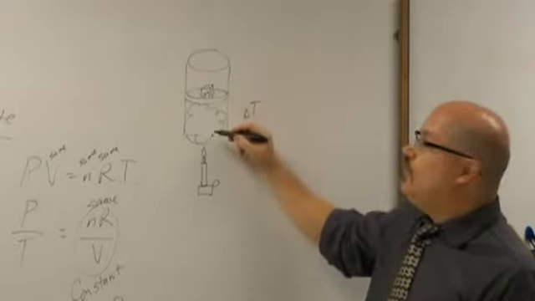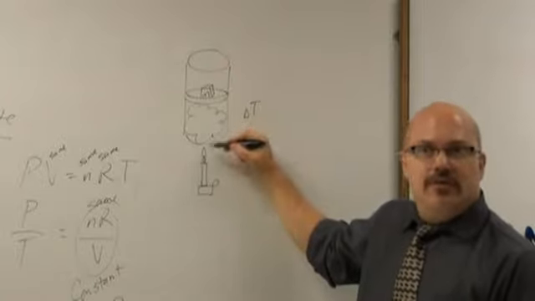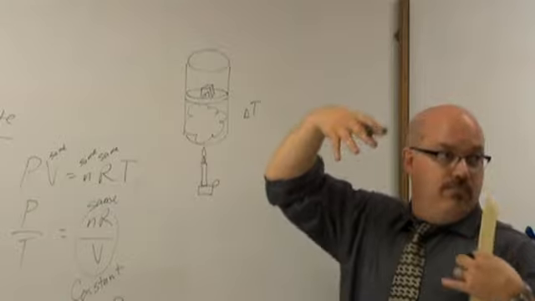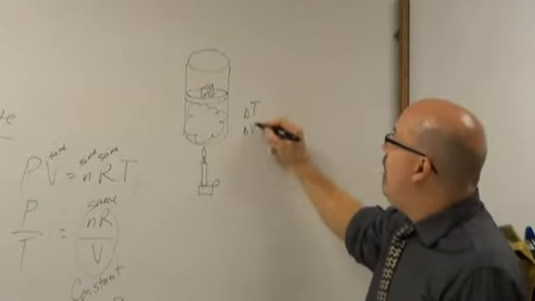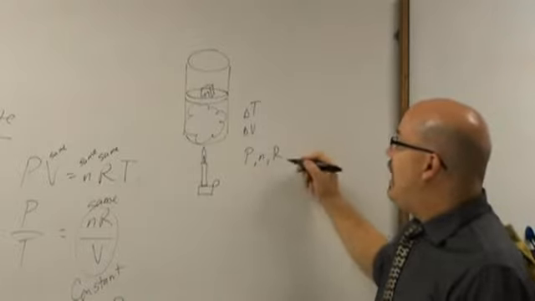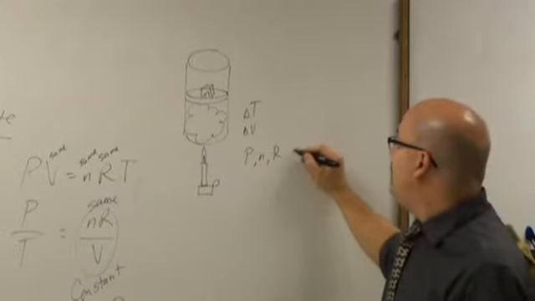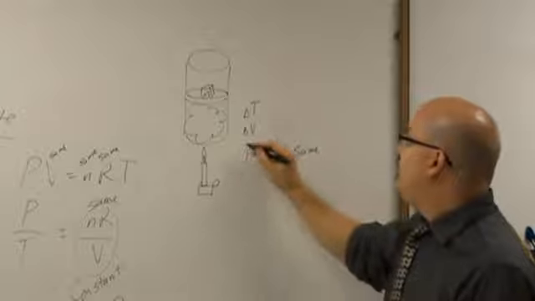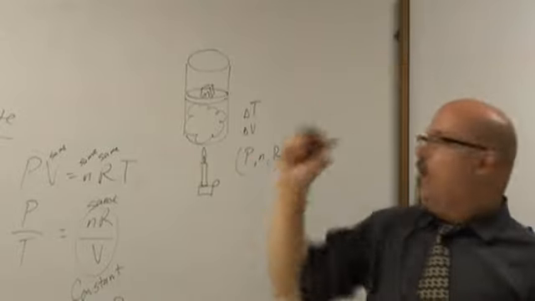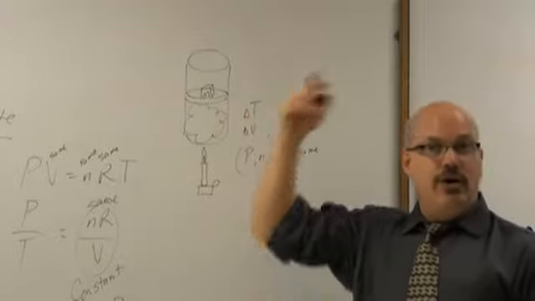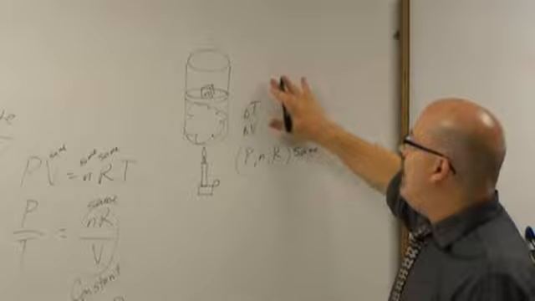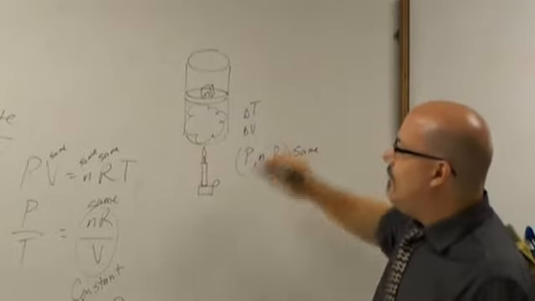When you add heat, the temperature goes up and the volume goes up. So we have a change in volume, but the pressure, the number of moles, and the universal gas constant all stay the same. Because it has a constant amount of force on the top over a constant area, so you have a constant pressure.